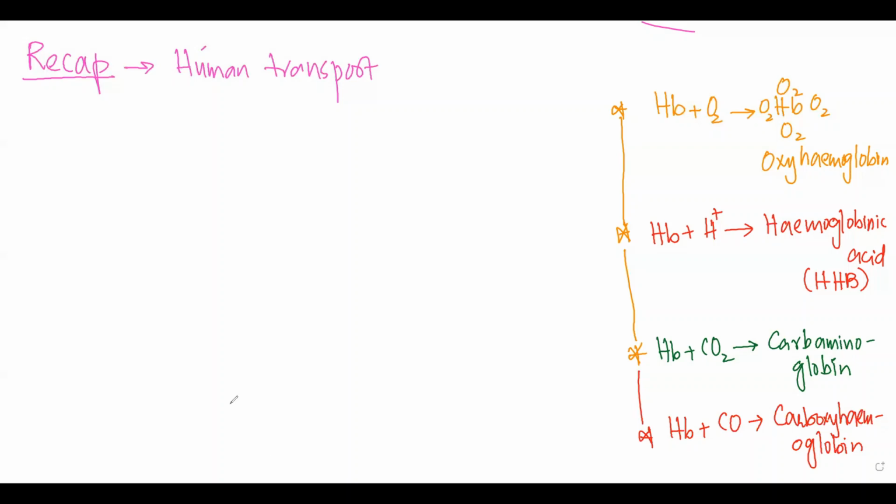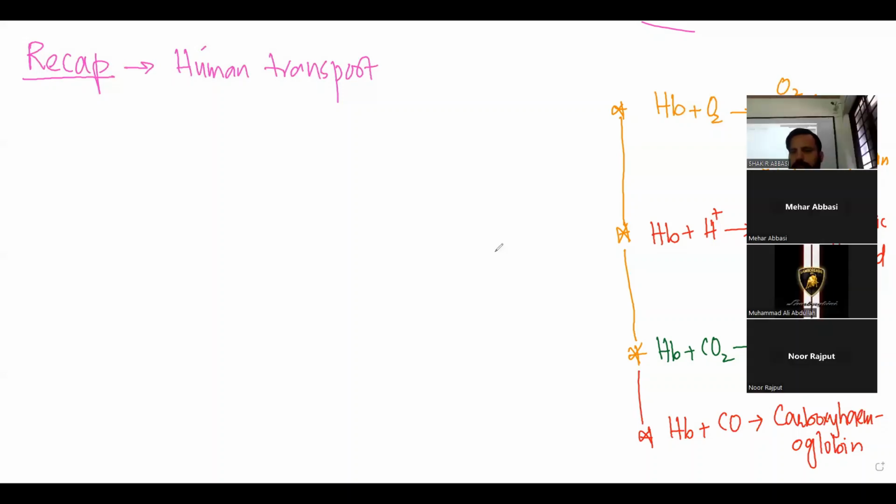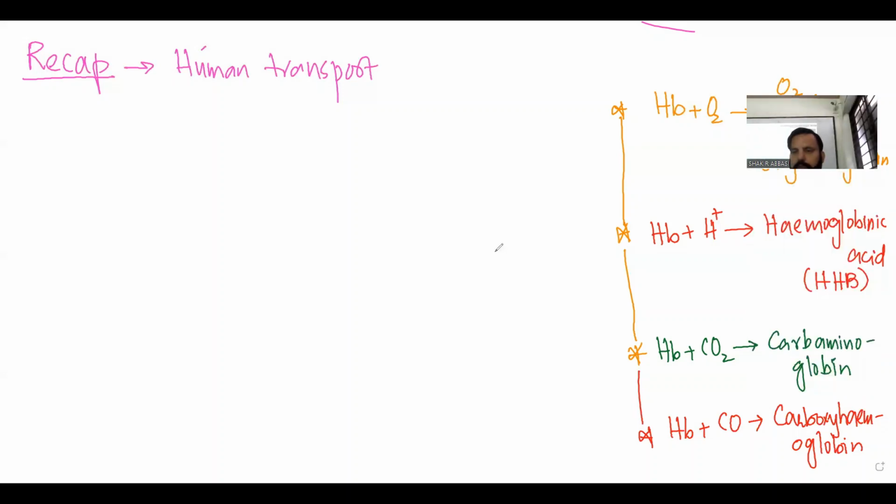Okay, thank you. So we had a minor recap, and we tried to see HB. What's the formula for carbaminohemoglobin? Like for hemoglobinic acid, it's HHB. What's the formula for carbaminohemoglobin?